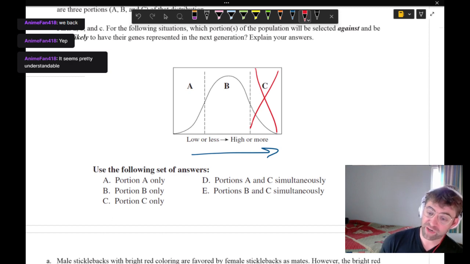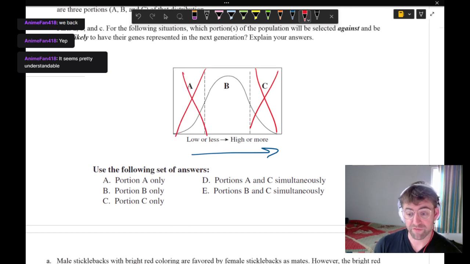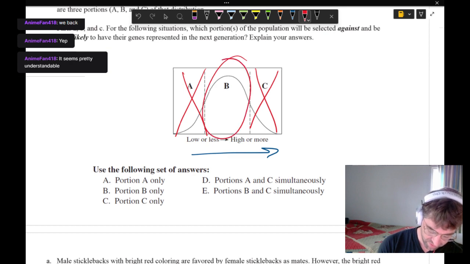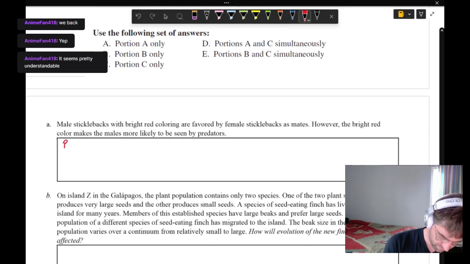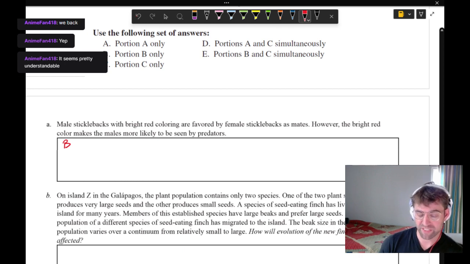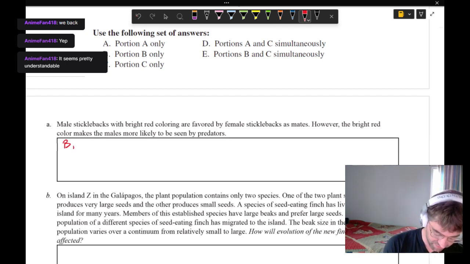But the brighter red it is, the more likely they are to find a mate and reproduce. So presumably, if they have no coloration, they're also going to have a hard time reproducing. So this would be an example where the intermediate characteristic is favored. This is stabilizing selection.